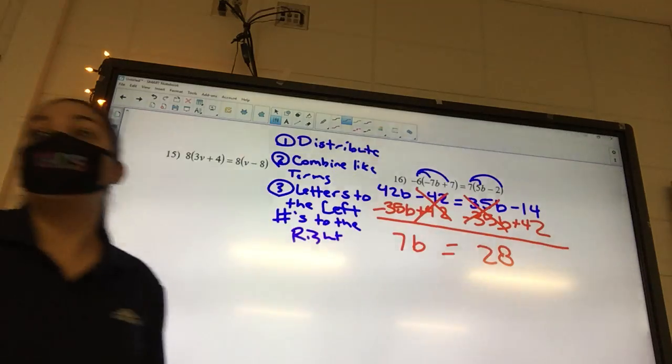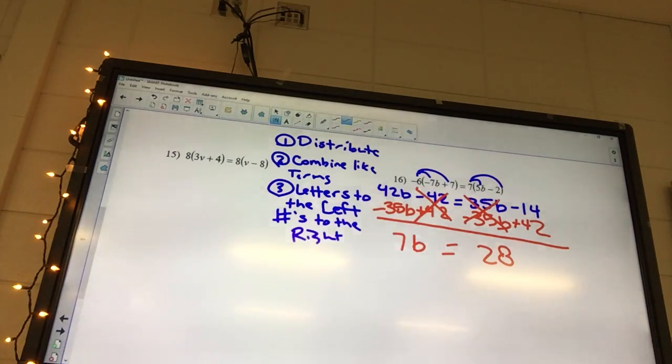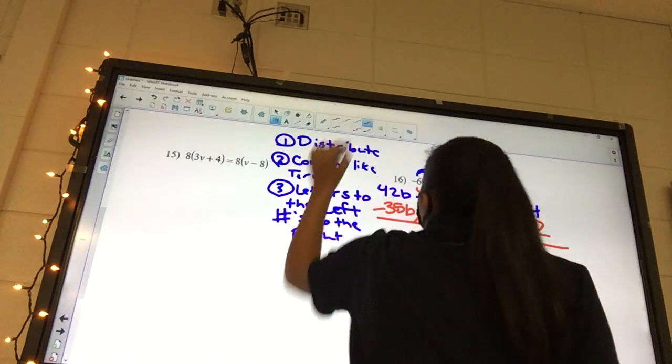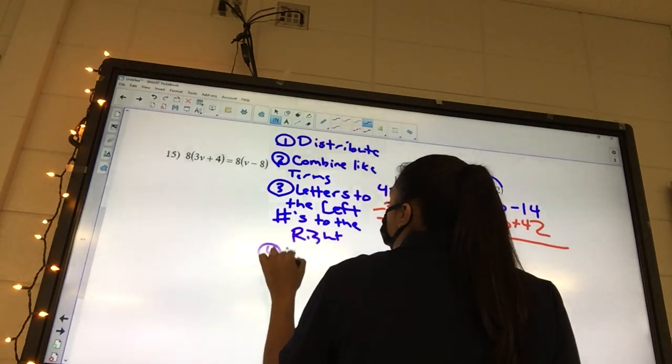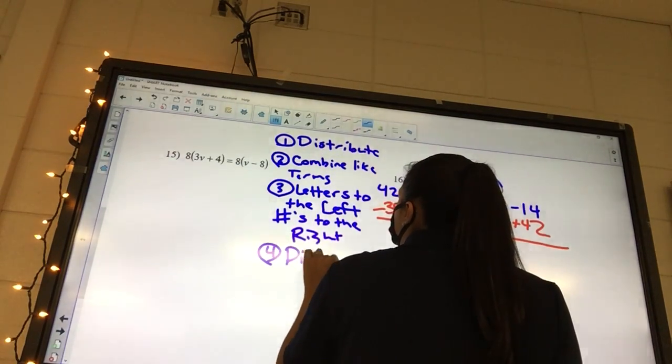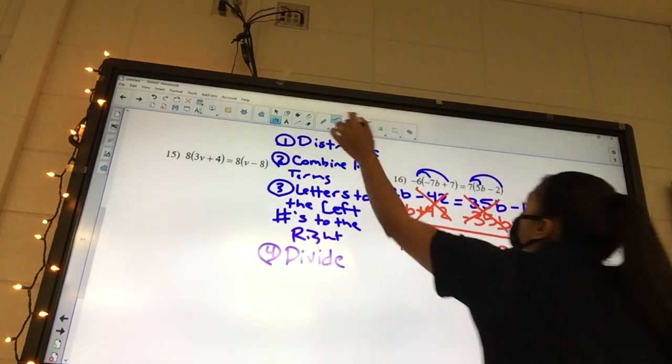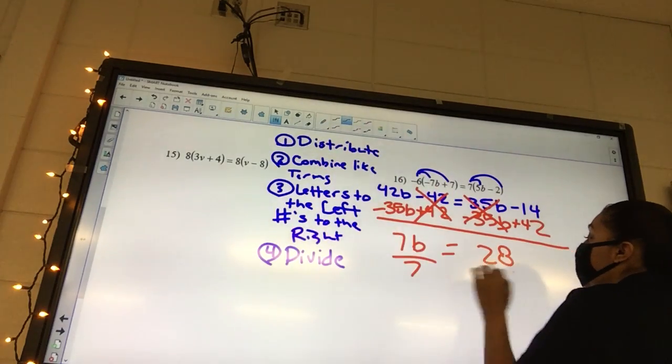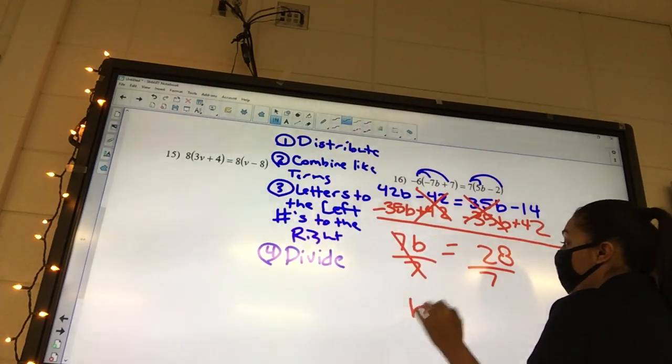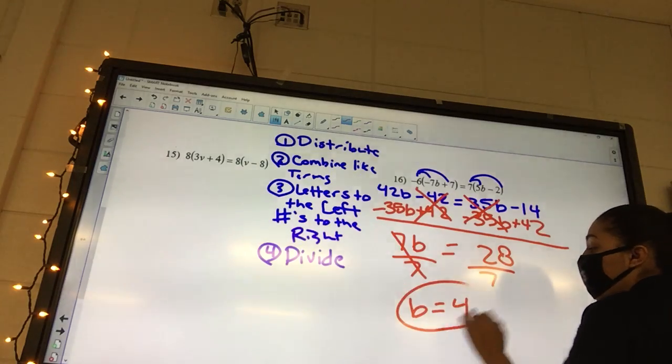Do you want a calculator? And then what's our last step always? You have to divide. Our last step is always going to be to divide. So b equals 4.